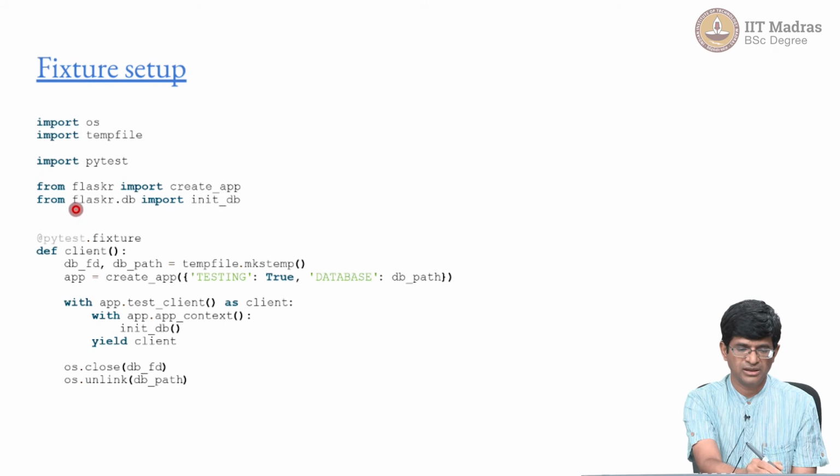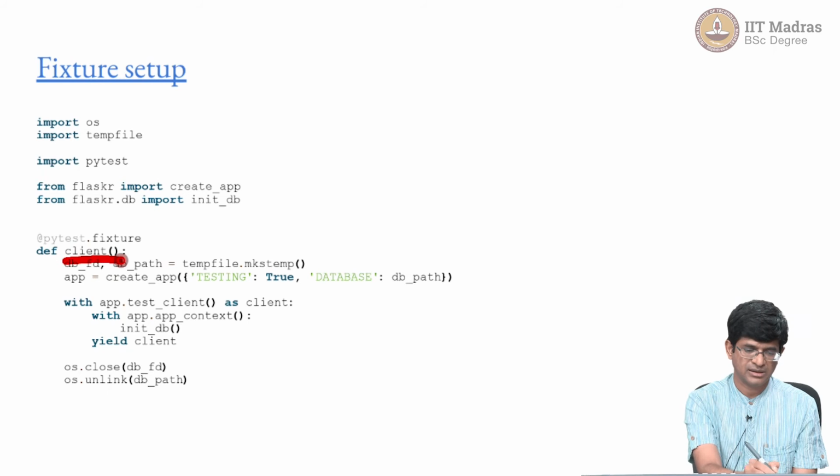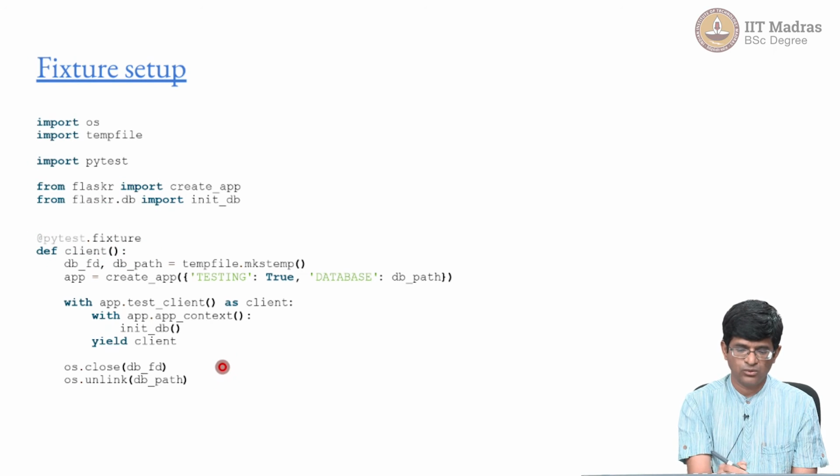Okay, bottom line is that Flaskr is the name of the application that we are creating, and it has an init_db and a create_app which are very similar to the things that we used already in the course. The important thing is client, which is defined as a pytest.fixture over here. What it does is, it basically creates this temporary file, and we create the app along with setting the TESTING variable to true, and we give the database as this temporary path that we just created.